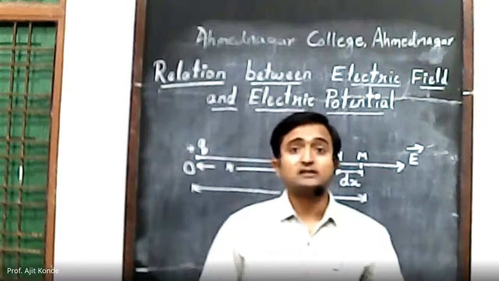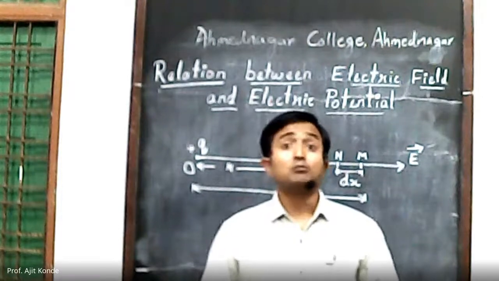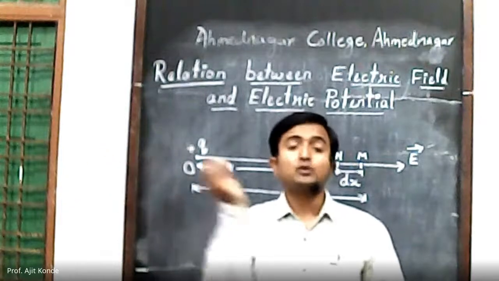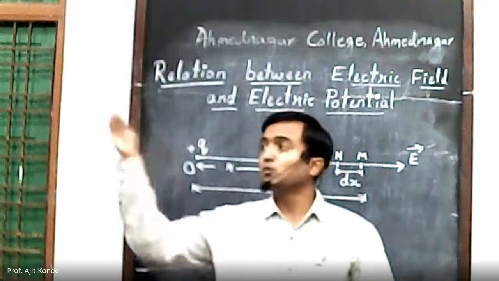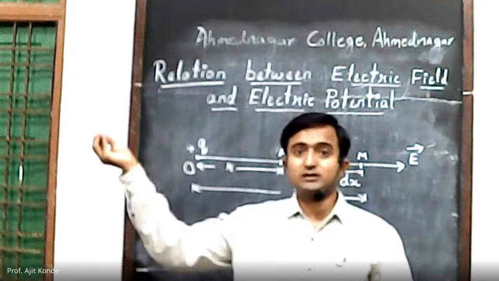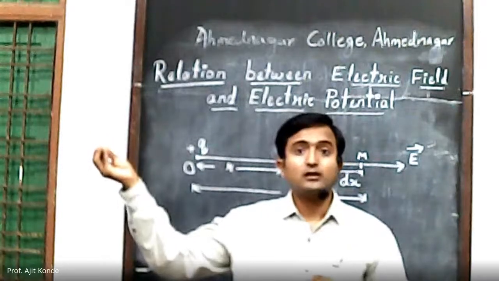When we consider electric potential, we move a unit positive charge from infinity to a specific point. The amount of energy required to move the unit positive charge is the electric potential. In the case of electric potential energy, we use a normal charge.